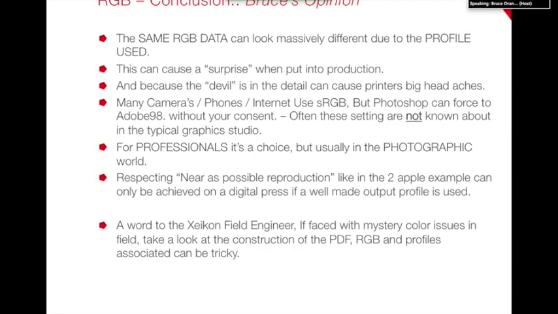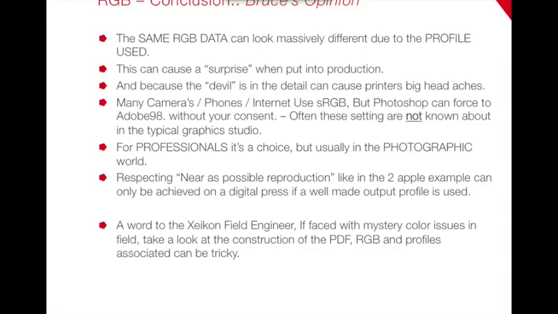Sure, for professionals it's a choice, but usually that's in the photographic world. And the photographer who's looking after his work will usually be very vocal about how he wants something reproduced. We showed that we could have this as near as possible reproduction. We saw that with the two apples.